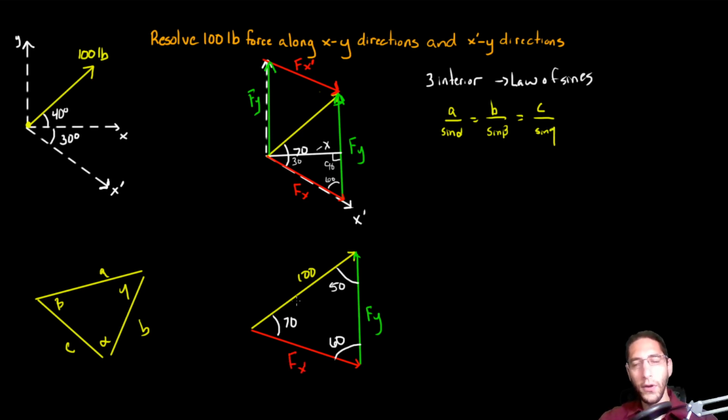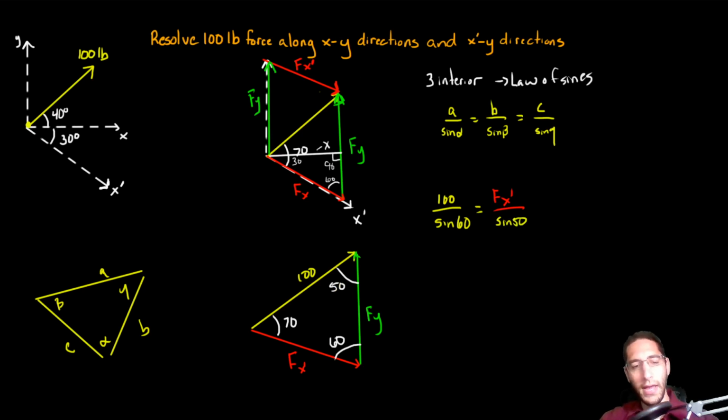Now, it doesn't matter which side we call A, B, and C, but we're going to have to use this 100 pounds. So the 100 pounds is going to be 100 over the sine of the angle that's across from it, so 60. And this is going to be equal to, let's look for fx first. So fx prime over the sine of what? Across from f of x is 50 degrees. Now we can cross multiply.